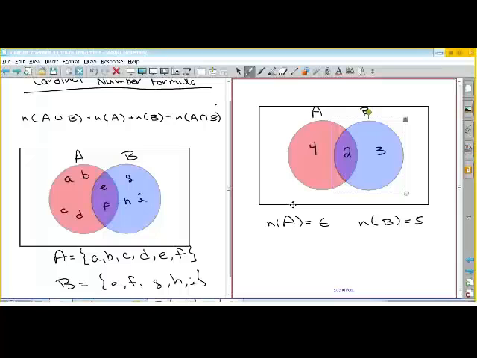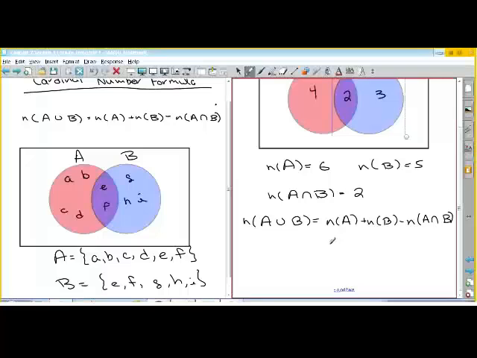All the stuff we're going to do, we're not going to do this. We're just going to worry about the numbers. The number of elements in the intersection of A and B, which is this football, is 2. So what the cardinal number formula says is that the number of elements in the union of A and B is equal to the number of elements in set A plus the number of elements in set B minus the number of elements in the intersection.